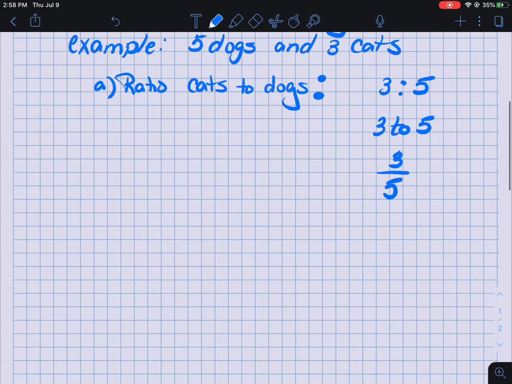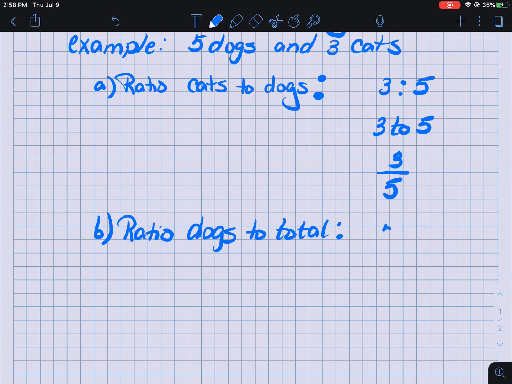Another thing I could ask you in this problem is the ratio of dogs to total animals. Okay, so then you have to think about how many animals are total. If I have 5 dogs and 3 cats, how many total animals do I have that I'm counting currently? 8.